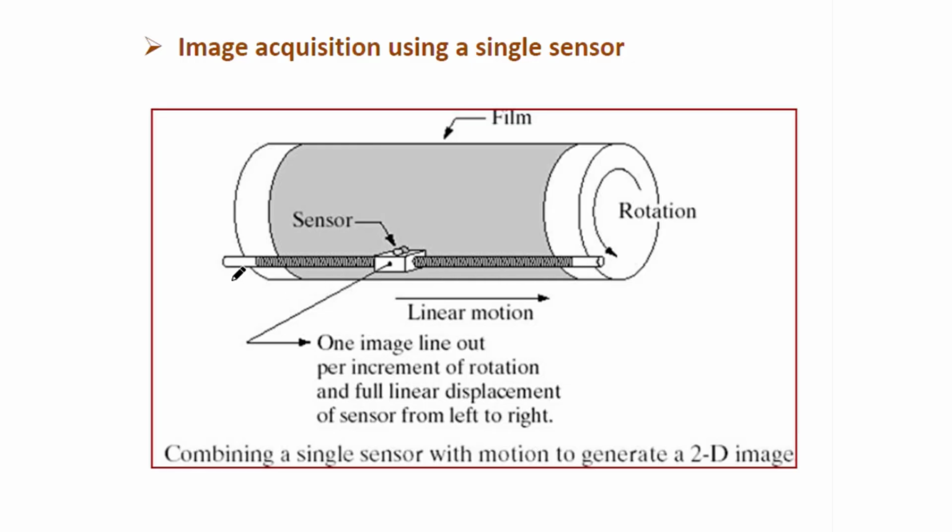The sensor is moving in one direction and the drum is moving in this direction. The single sensor moves along the strip, meaning along the X direction, and with the drum rotation you get movement in the other direction. This is the X direction and this is the Y direction. This will continue until the total film gets scanned.